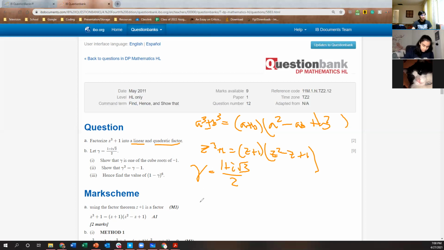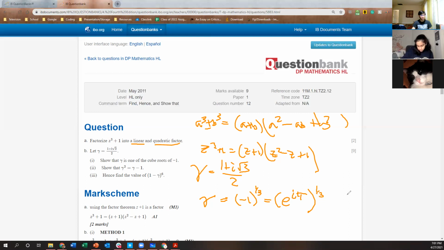So if gamma is a cube root of -1, I can do what we've done in class, where we write -1 in exponential form. So it'll be e to the i pi, correct? E to the i pi to the 1/3 power.